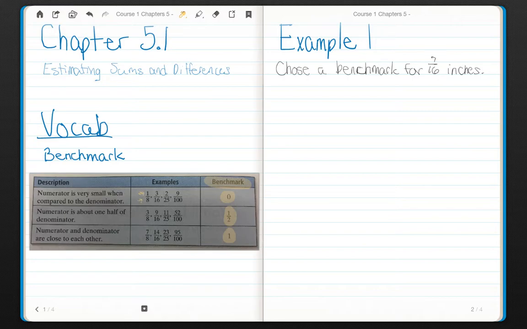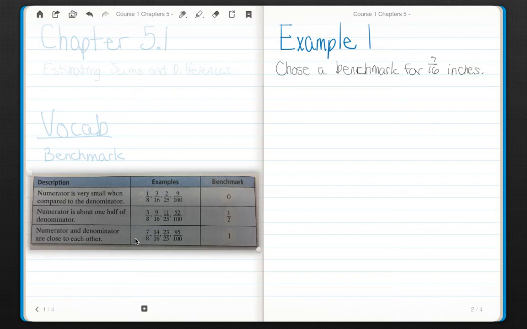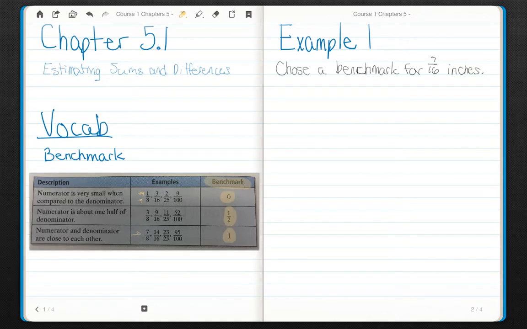If there's a large difference, your fraction is going to round to 0. If there's a very small difference between your numerator and your denominator, for example 7/8, then it's going to round to 1. If your numerator is about half of your denominator, give or take a little bit, then you're probably going to round to half.